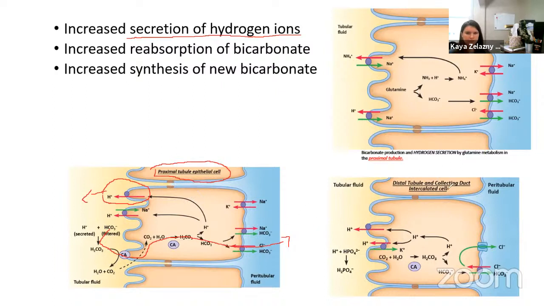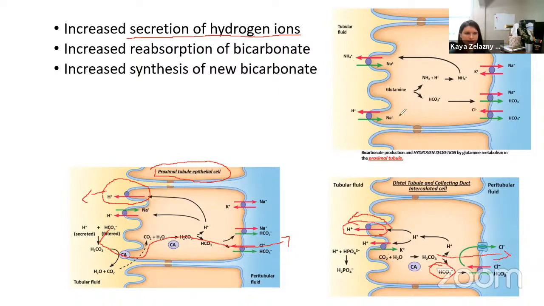We saw in the distal tubule and collecting duct, we had hydrogen ion secretion into the tubular fluid again. This time it was coupled to the creation of new bicarbonate, basically from carbon dioxide. So here we are coupling creation of new bicarbonate to hydrogen ion secretion.